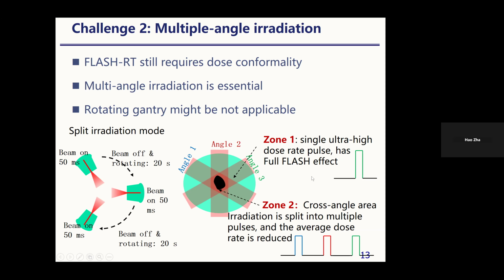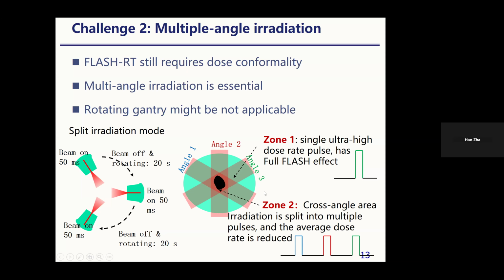It's okay. But for zone 2, the second zone, which is the cross angle area, the irradiation is split into multiple pulses, and the duration is long, for example, 20 seconds. If we look at the average dose rate, it's greatly reduced, and almost comparable to conventional radiotherapy.